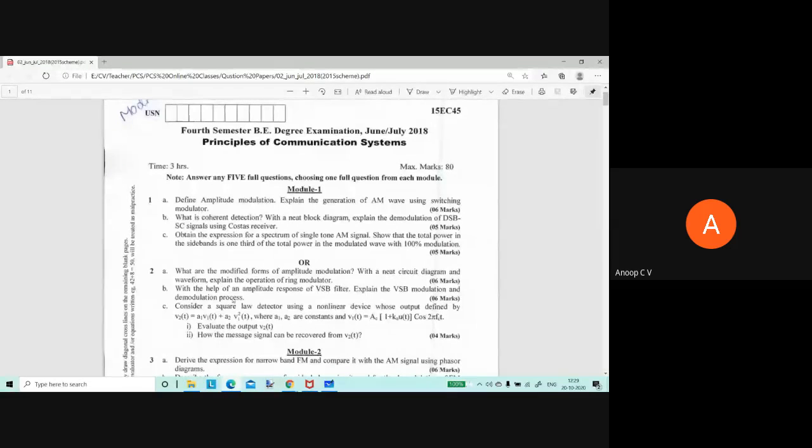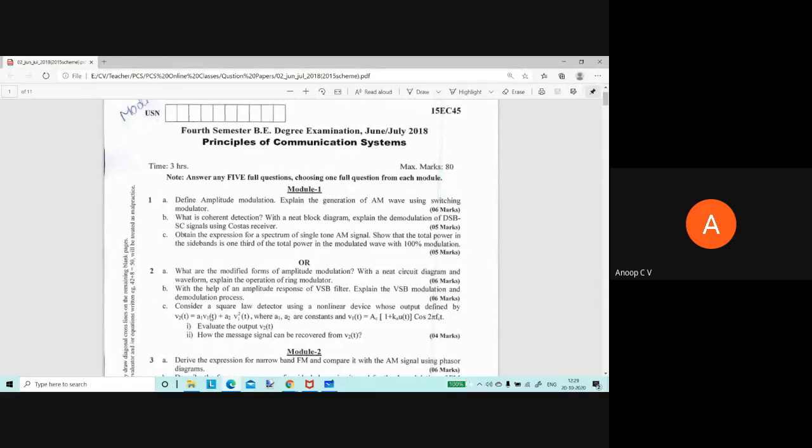And with the neat circuit diagram and waveform, explain the operation of a ring modulator. Even if you miss out, we have explained the ring modulator in detail. Then the VSB modulation and demodulation process and the square law detector, as per your revised syllabus, are omitted. But even then, in the next offline session, I will discuss these things, and in the next live session, we will straight away start with frequency modulation.